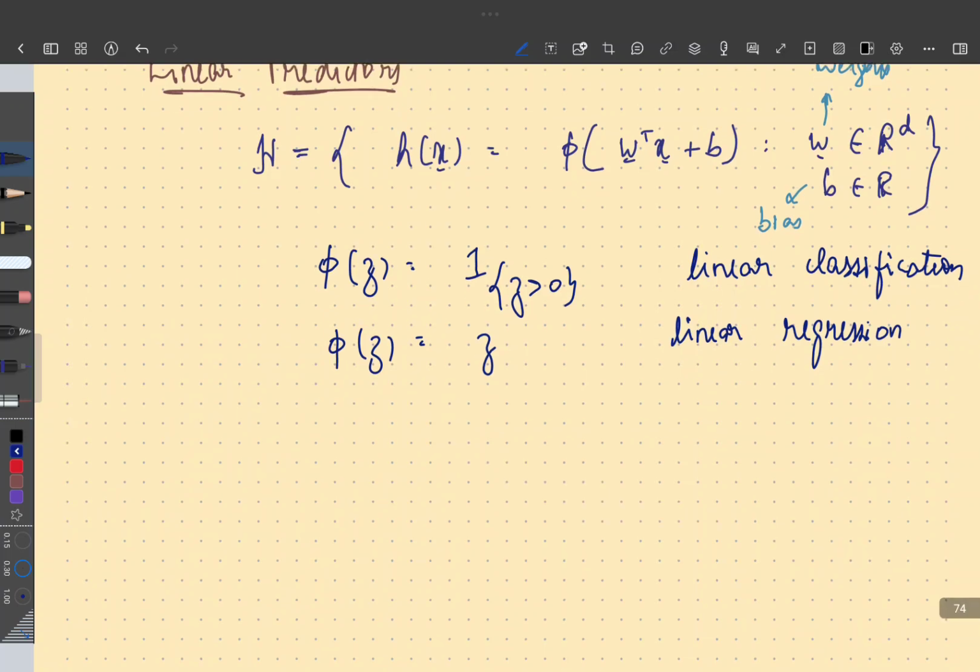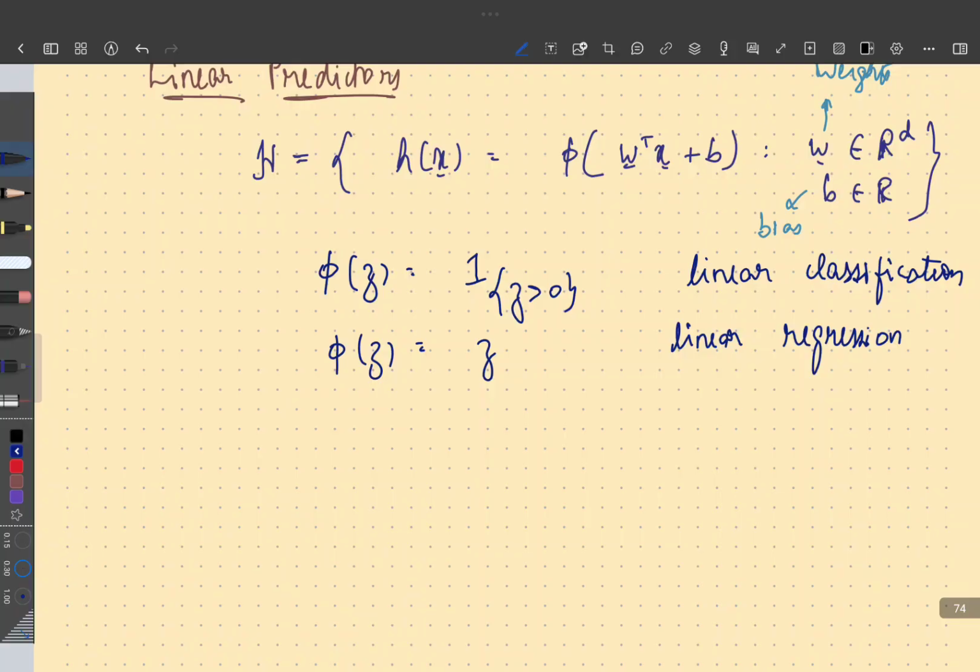And there's another alternate form that will also be useful. I can put w tilde to be equal to the vector w1, w2, up to wd, and I append b to this. I combine the weights and bias into one single vector.